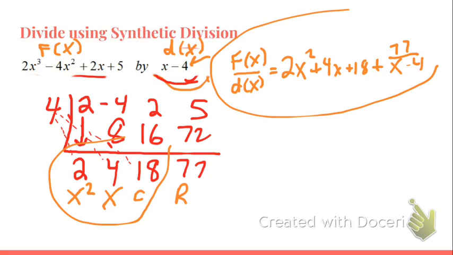Alright, so that's what we just did. We just did division, the more efficient way of long division, and we didn't get a 0, so we had a remainder. So we had to put it at the end over the divisor.